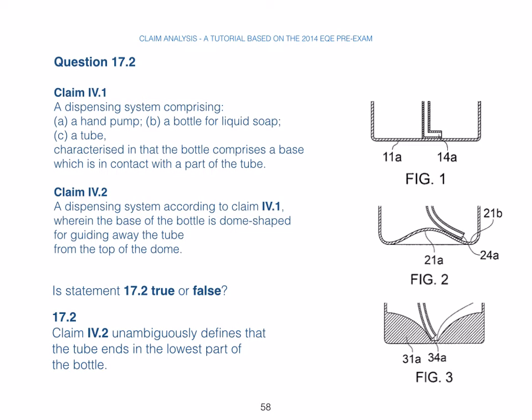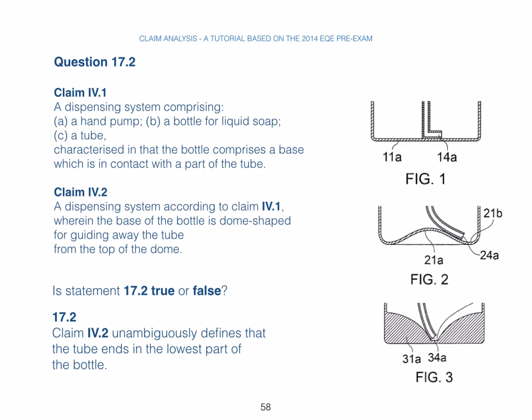On the right-hand side of the slide, I have illustrated the bottom part of 3 embodiments, figure 1, figure 2, figure 3. Figure 2 is the embodiment which is covered by claim 4.2, and we can see that the base is dome-shaped for guiding the tube away from the top of the dome.